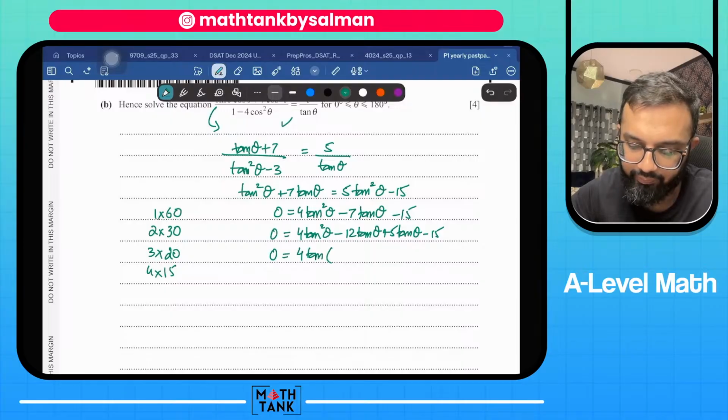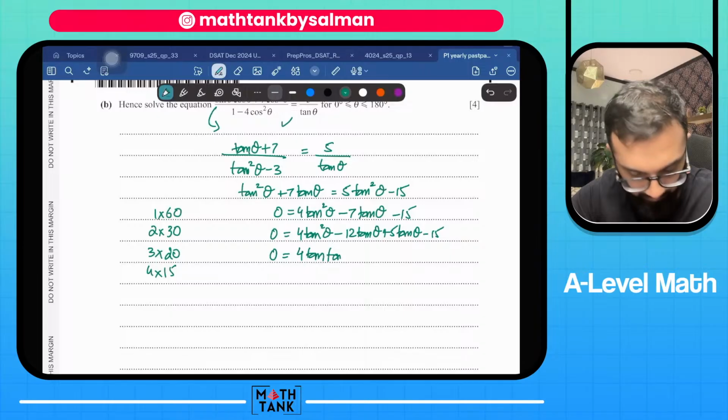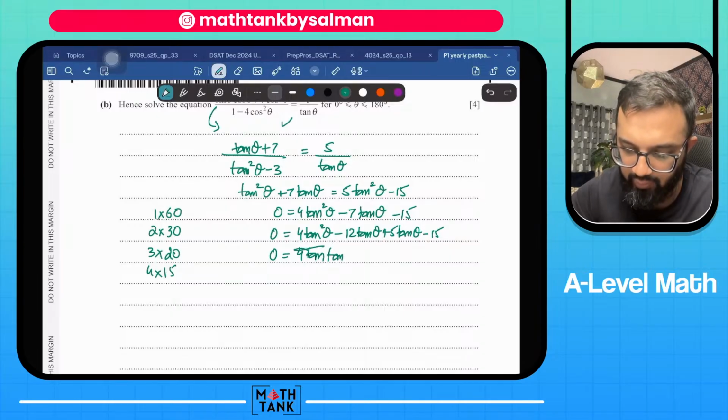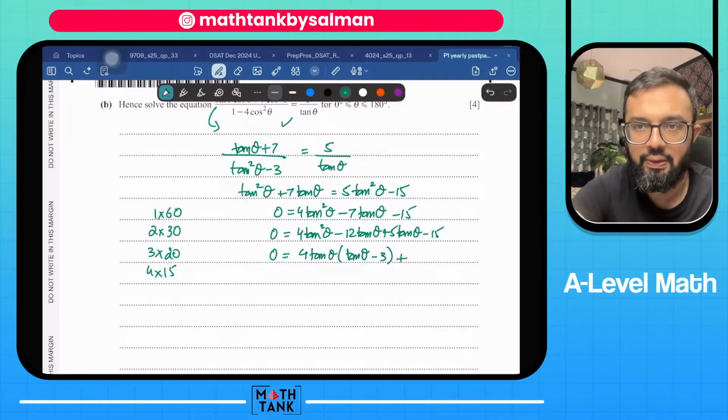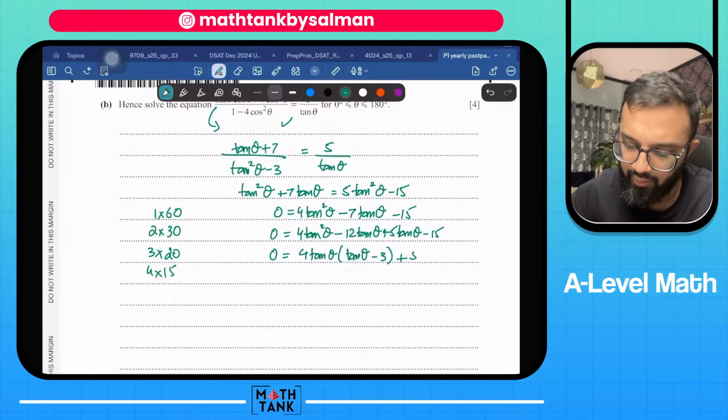Tan theta is common. I have tan theta minus 3 plus 5, so tan theta minus 3.